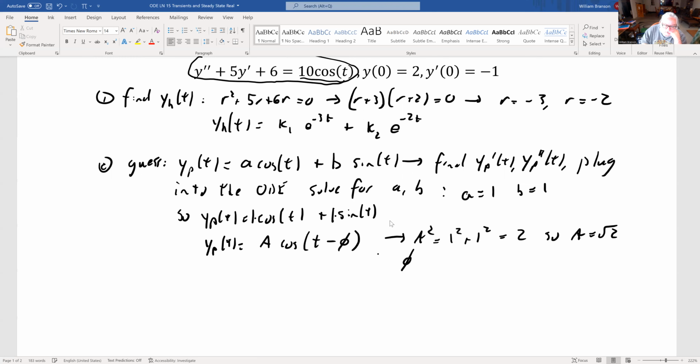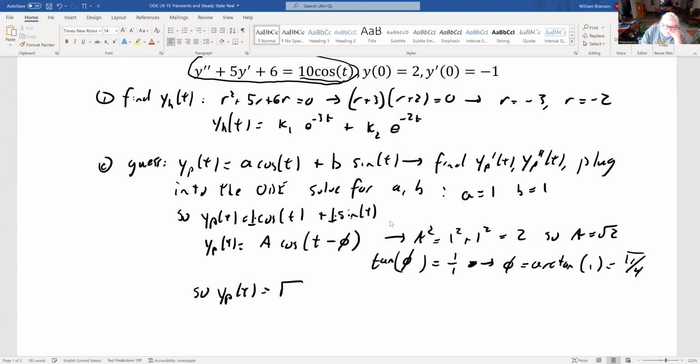Tangent of phi is the ratio of the coefficient of sine to the coefficient of cosine. So phi equals arctangent of 1, which is pi over 4. So we can write y p of t as square root of 2 cosine of t minus pi over 4.